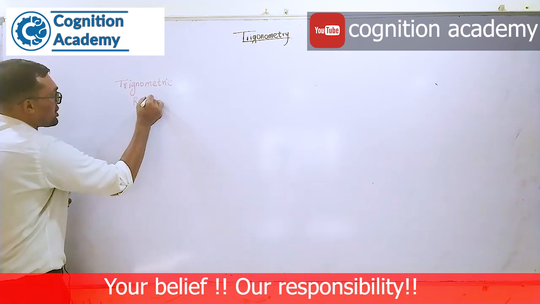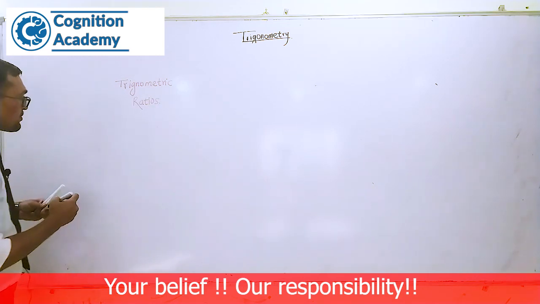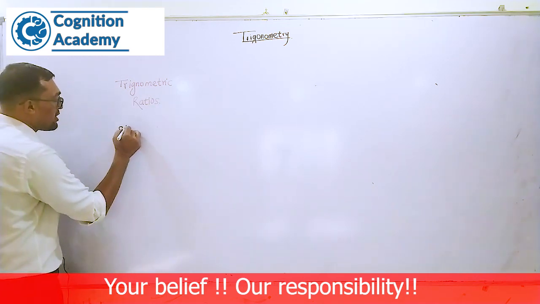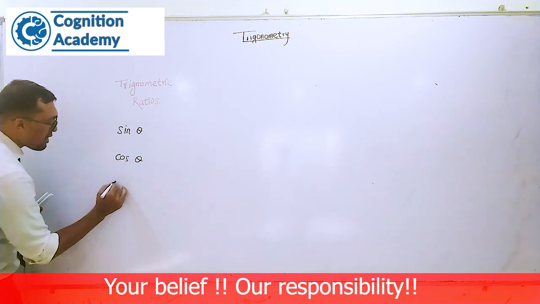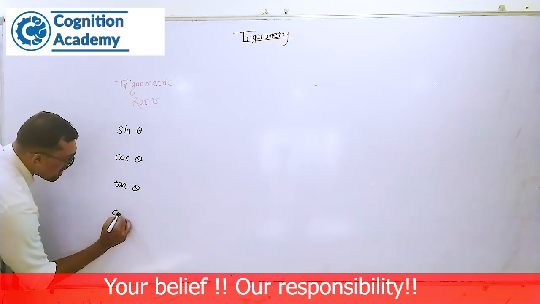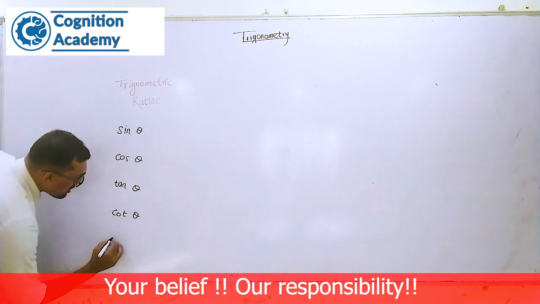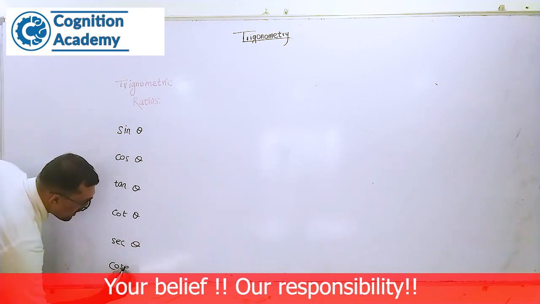What were the trigonometric ratios? They are sine theta, cos theta, tan theta. Next, cot theta, sec theta, and last is cosec theta.